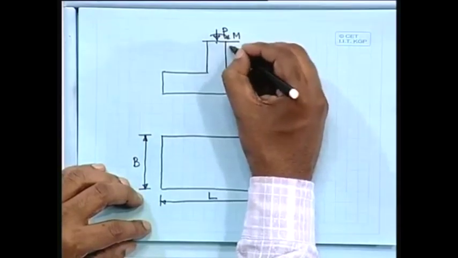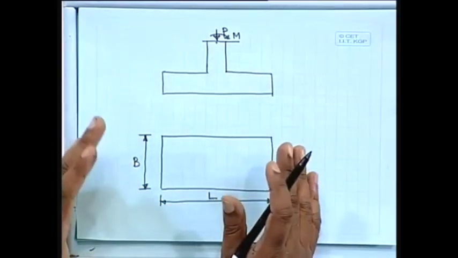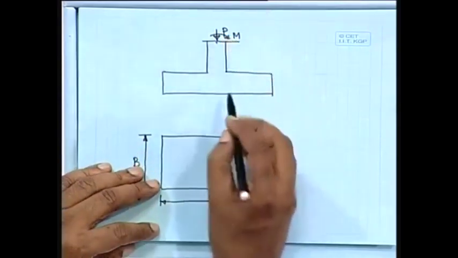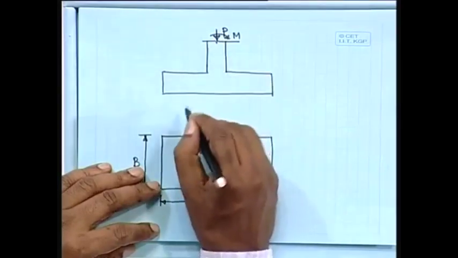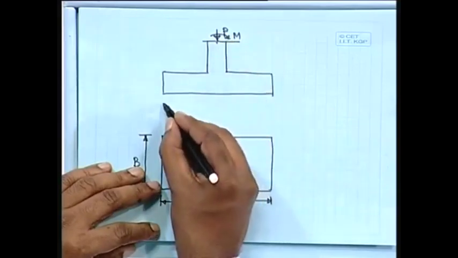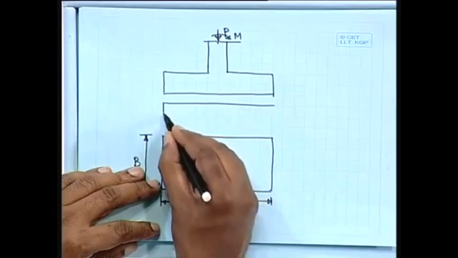since we are having moment here, it will not be uniformly stressed. If we have an axially loaded footing, then we shall get uniform stress all along, but here since we are having moment, we may get something like this.